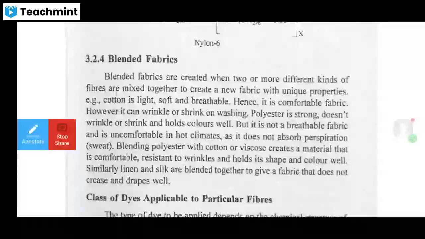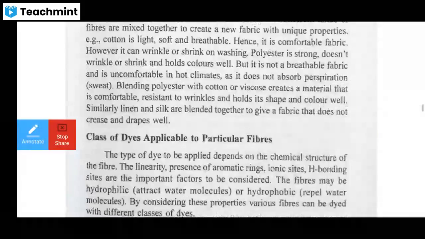Blending polyester with cotton or viscose creates a material that is comfortable, resistant to wrinkles and holds its shape and color well. Similarly, linen and silk are blended together to give a fabric that does not crease easily.